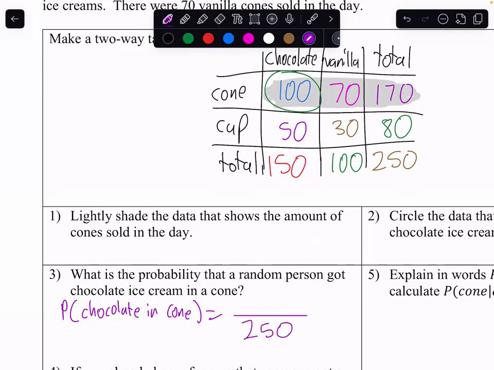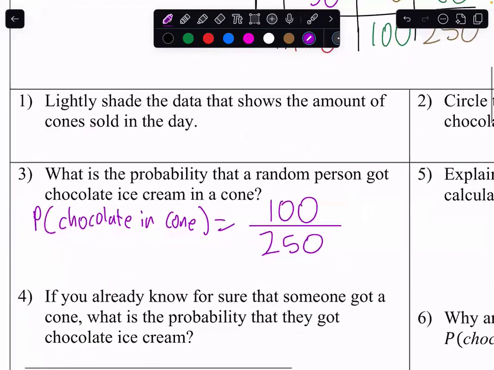Okay, and now of those 250 people, how many are considered a success? And again, right now, I want them to not only have gotten chocolate ice cream, but served in a cone. That would be the circled number, right? 100 people fit the exact description of getting chocolate in a cone. Okay, and like always, we could reduce this fraction to make the number smaller.